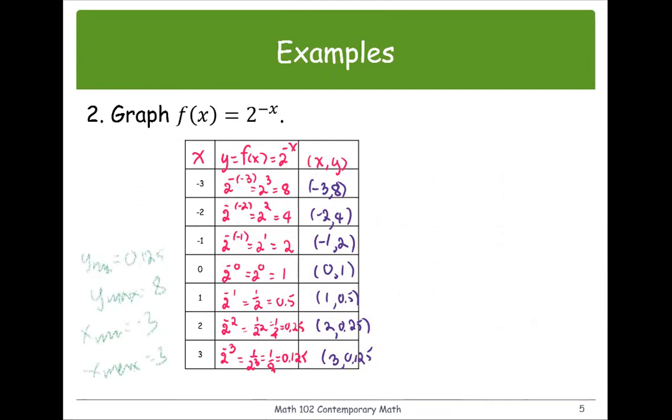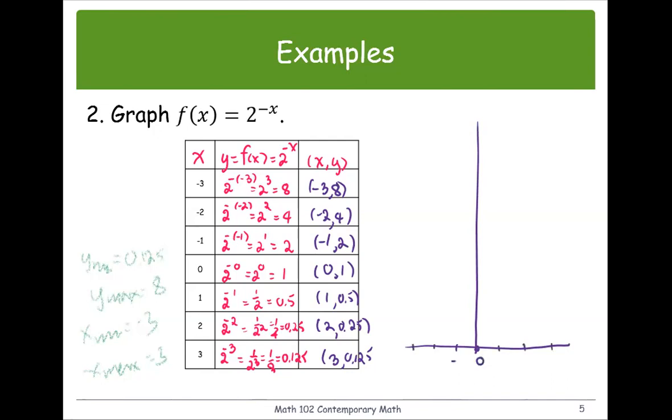So then what we have, since we know that the y minimum is 0.125, which is still on the positive side, we're going to look at the upper part of the xy plane. And then the scale for the x to the left up until negative 3, 1, 2, 3, to the right up to the positive 3.